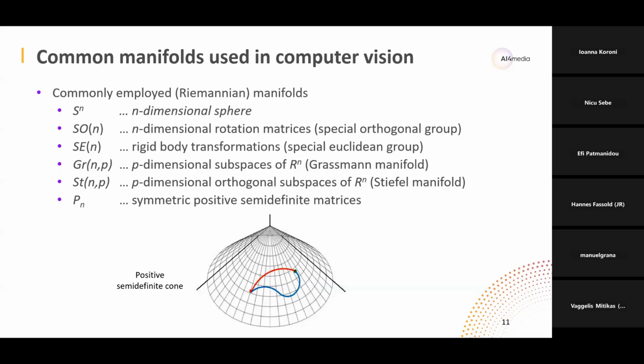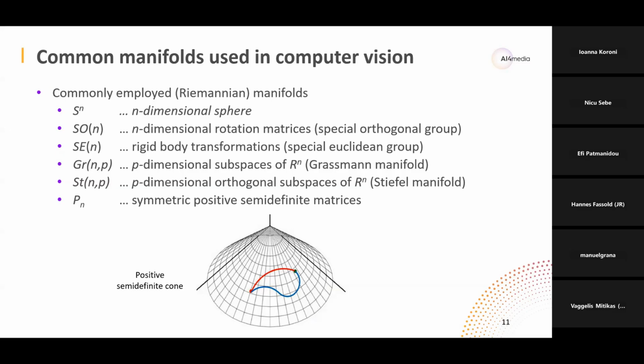Then you also have important manifolds dealing with p-dimensional subspaces. The set of all p-dimensional subspaces of Rn is called the Grassmann manifold. And it's also an important Riemannian manifold. It's useful also for projecting to a low dimensional space and so on.